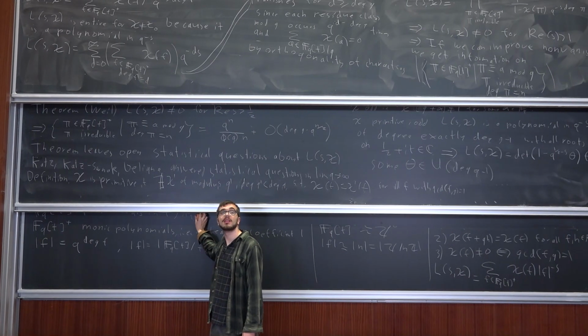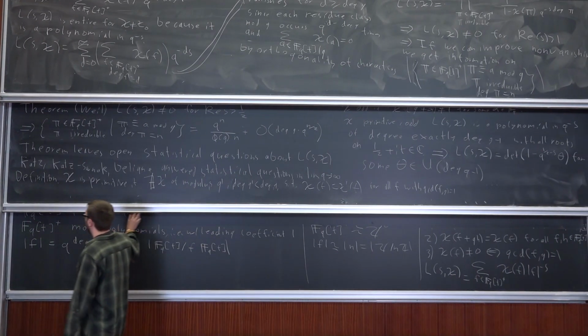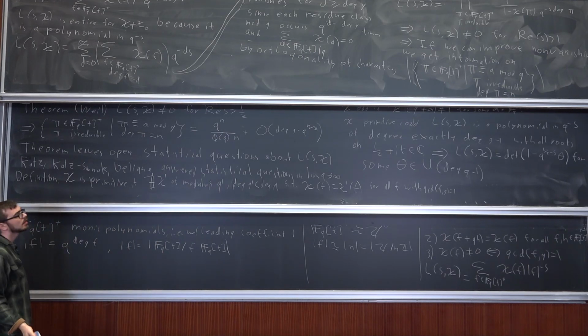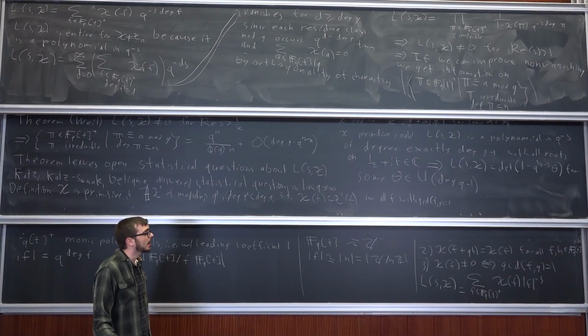Yes? You assume that t is greater than 0, but do you know the analog of Chowla's conjecture? There's no vanishing at 1/2.